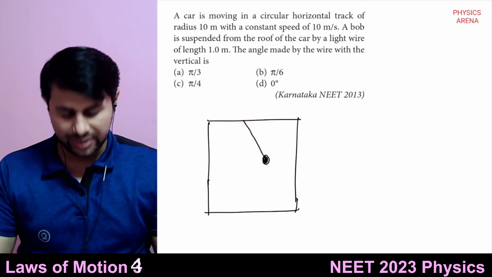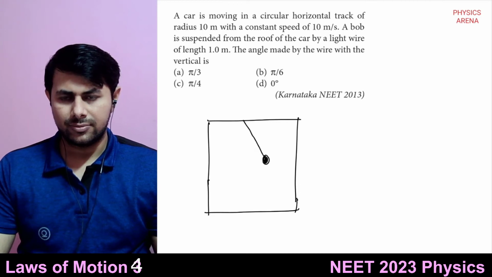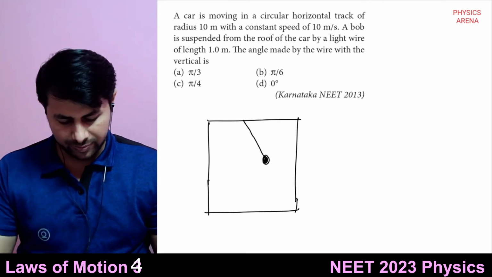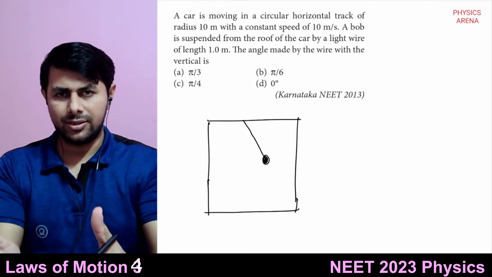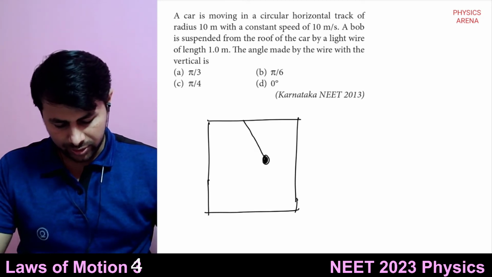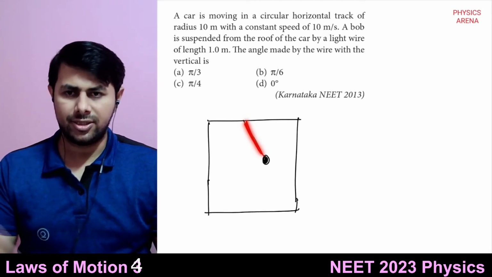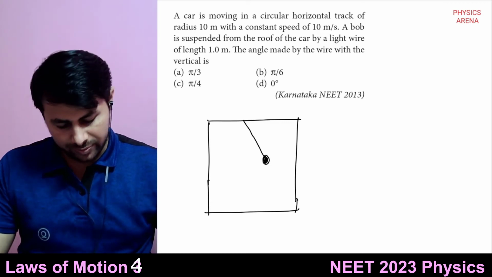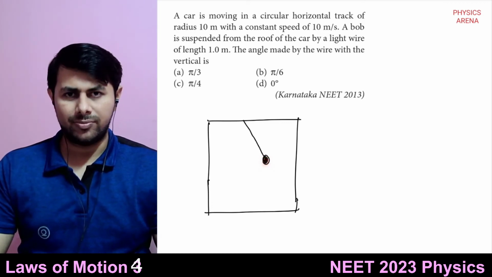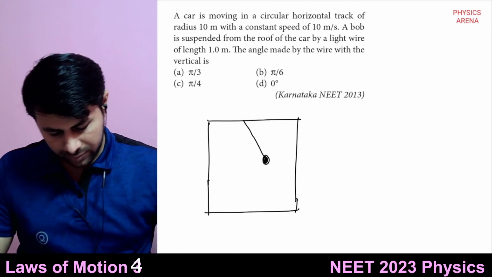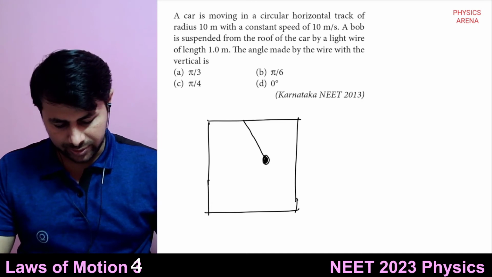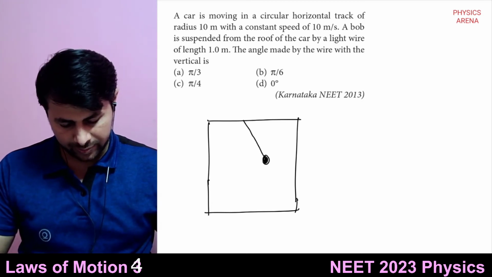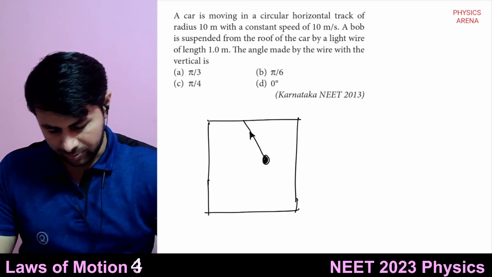So why does it make that angle? It's because the car is moving in circular motion, so the string will get aligned in such a way that the horizontal component of tension will provide the centripetal force to this bob. Now you can resolve the tension in the string along two components.